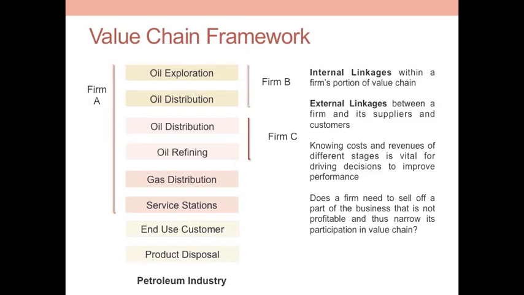On the other hand, Firm B and C have limited presence, Firm B in oil exploration and distribution, and Firm C in distribution and refining. Knowing costs and revenues of different stages within the value chain is vital for making important decisions that help a company improve its performance.